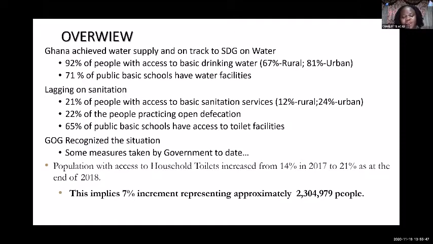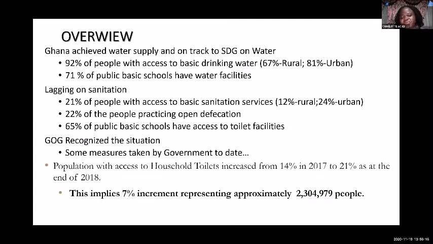The government of Ghana recognized the situation. Therefore, we have a lot of interventions. We are using a multifaceted approach. So we use the rural sanitation models, then we use urban initiatives as well, different programs, different partners with World Bank, AfDB, and then from GoG funding as well to scale up and increase access to sanitation and water supply.